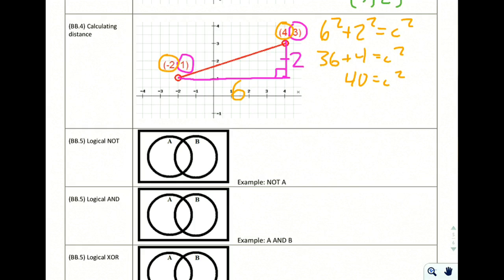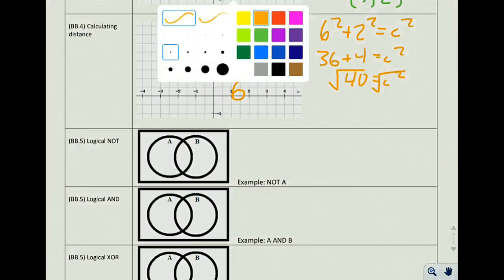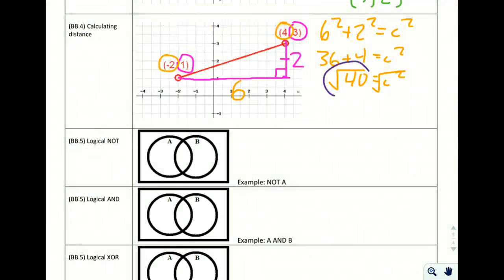Now I could choose to write this, my answer, as simply square root of 40 by taking square root of both sides. I could also pop that into my calculator and get a decimal approximation. It's going to be somewhere between 6 and 7. But I'm going to choose to just leave it in the radical form here, the square root of 40, and I could write that right over here. That is my distance.